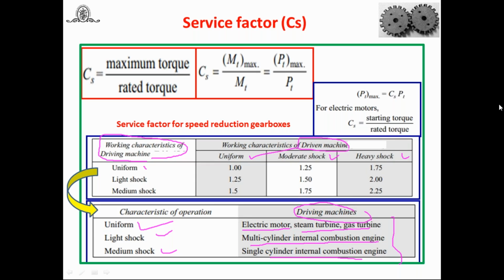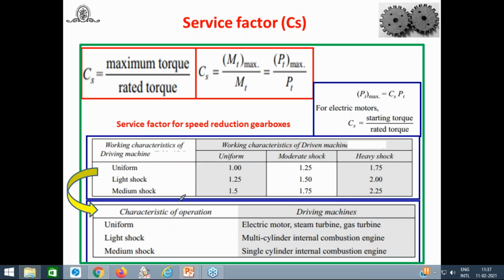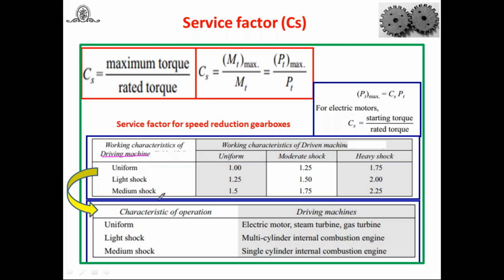Try to understand. By using this condition we have to select it. Now for a driving machine, look at this uniform case. For the uniform case, which are the driving machines? Electric motor, steam turbine, gas turbine. If you are going to use a driving machine, light shock is the condition for the multi-cylinder, and medium shock condition for the single cylinder internal combustion engine.